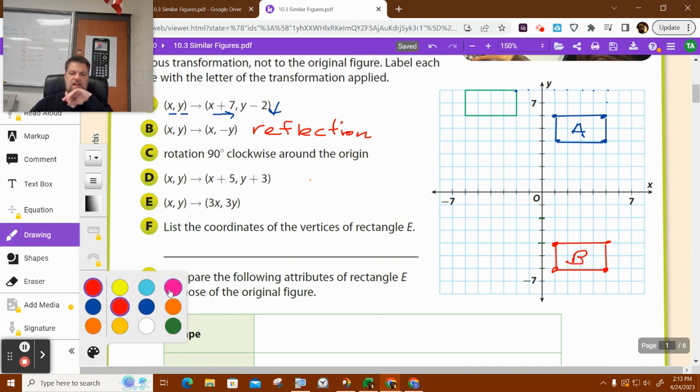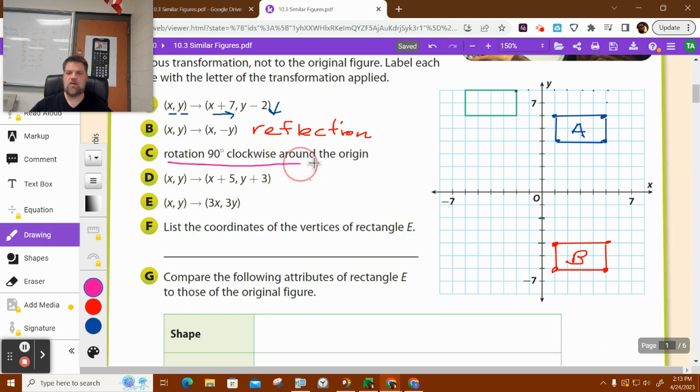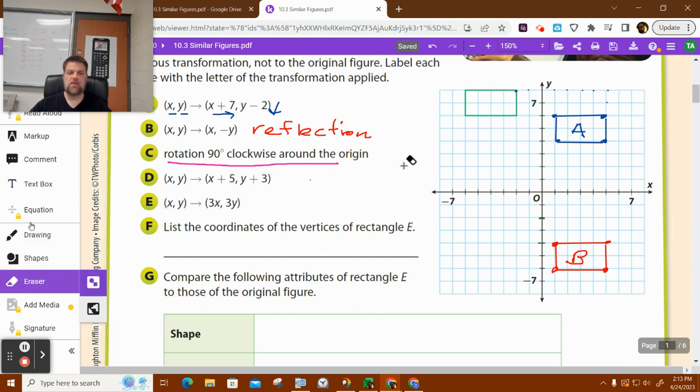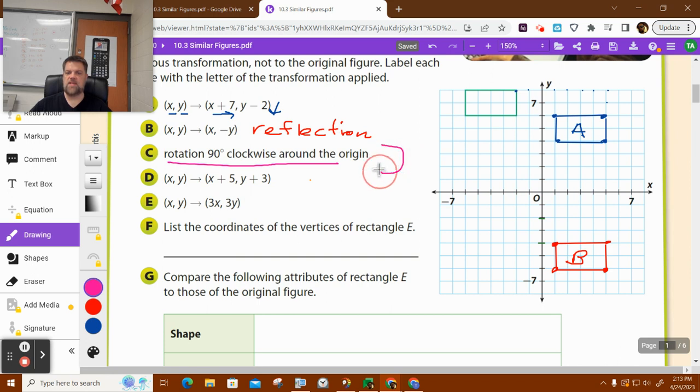Step C, let's do that real quick. It says clockwise 90 degrees about the origin. So that means I'm going to rotate 90 degrees this way. So this point right here is going to be this point right here. Let's see, it's 1, 2, 3, 4. So it's 1, 2, 3, 4. Yep.